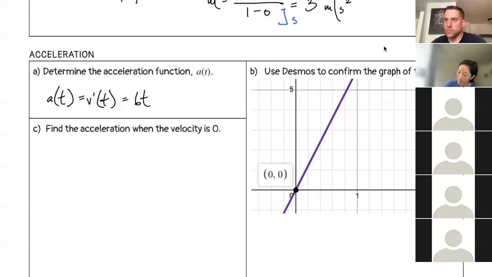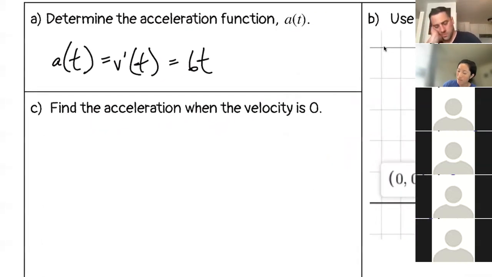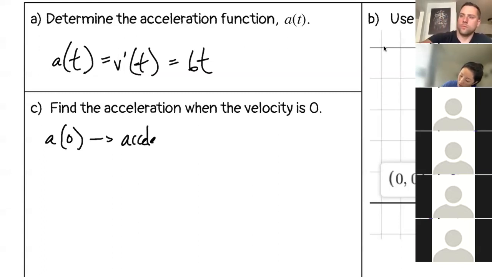I like these ideas here. Let's write them down. We have one that says a of 0, so we plug 0 into this. If we think about what we're doing here, we're plugging 0 into the acceleration. That means this will give us the acceleration at time equals 0.